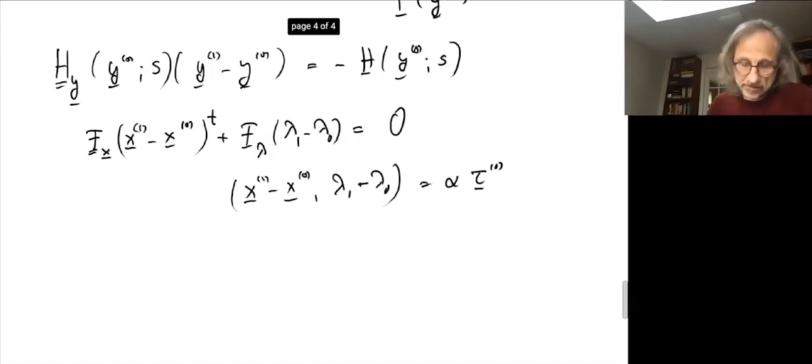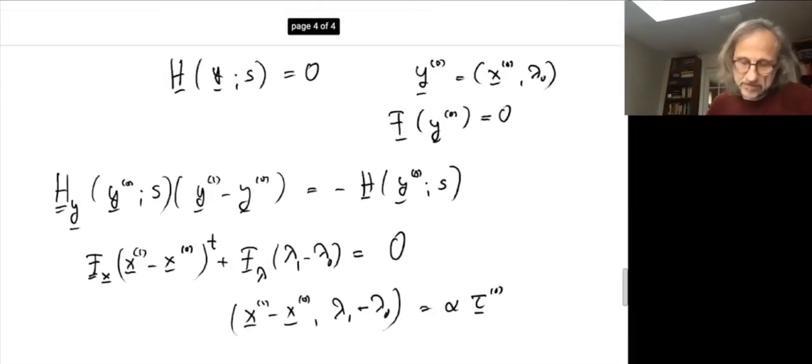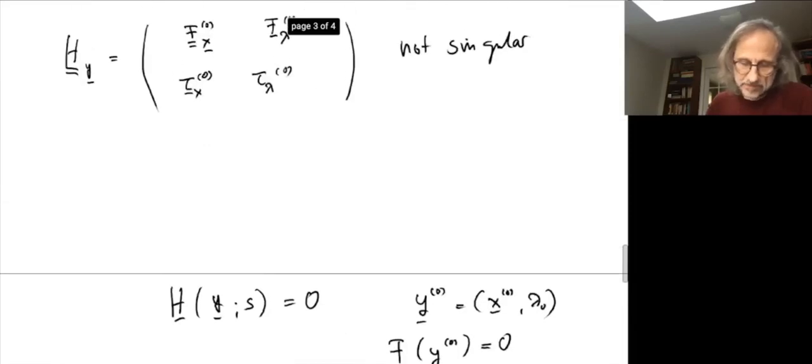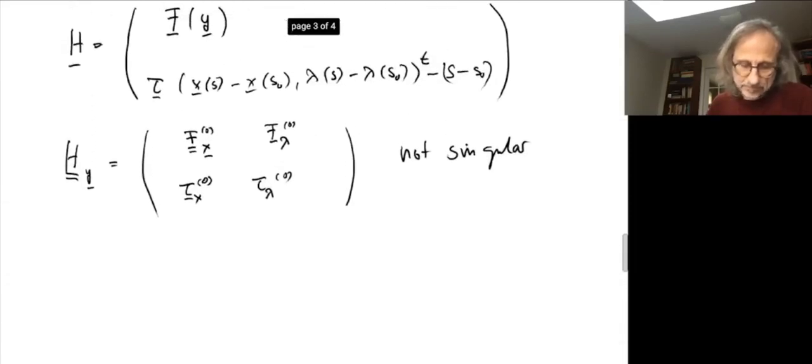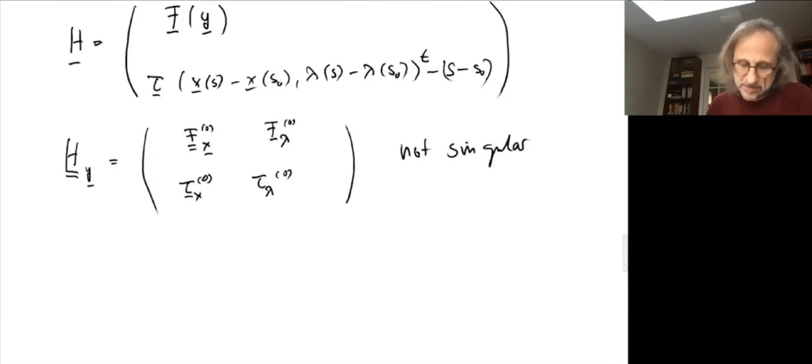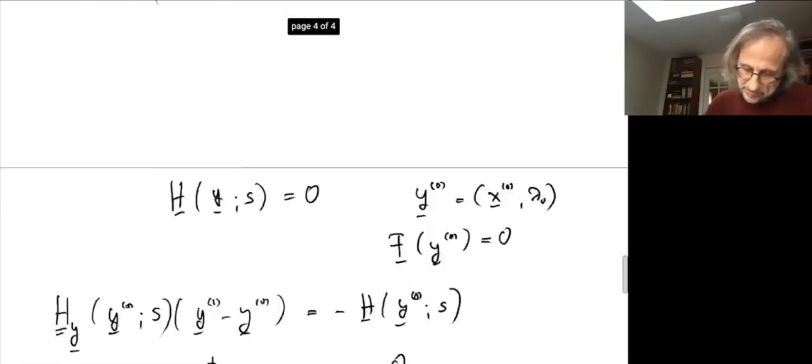And then the other equation, the second equation is, where is it? Tau x times x1, tau lambda. Okay, let's write that down.